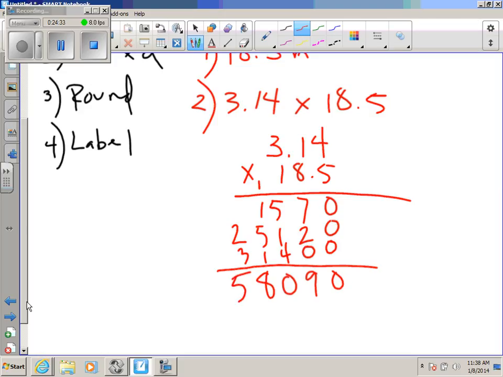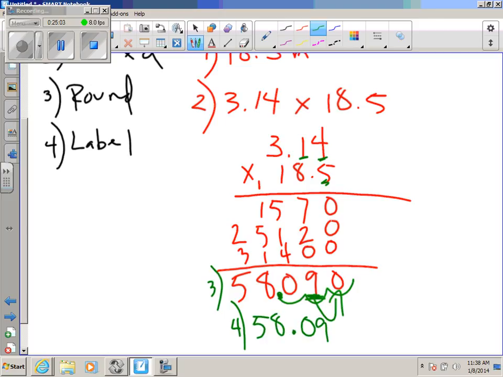How many decimals do we have here? 1, 2, 3. Once I've inserted the decimal, then I can establish the rounding. What digit represents my 100th place? The 9. When I look after it at the 0, is that 0 big enough to change the 9? No. So my final, step 4, this was step 3, is 58.09, and I think it was meters? And there we go. Close enough to our estimation when we started, 60.